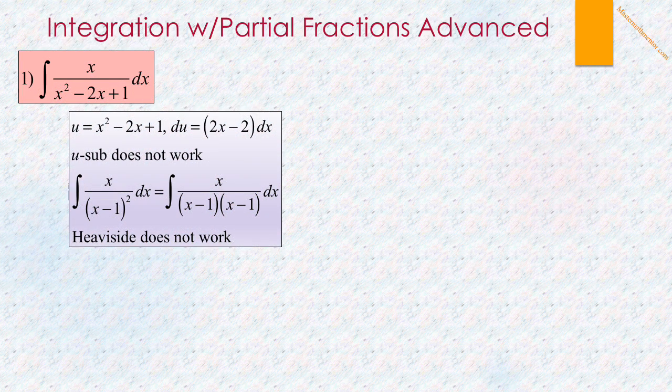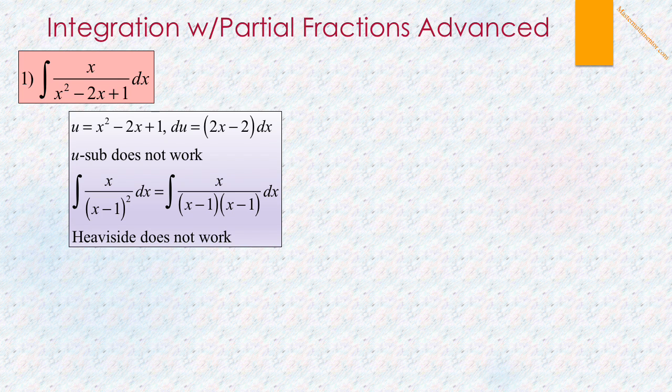Suppose we were asked to integrate x over x squared minus 2x plus 1 dx. We start with u substitution, where u is equal to x squared minus 2x plus 1, and therefore du is equal to 2x minus 2 dx. And there's no way we can pull this off. So u substitution does not work.